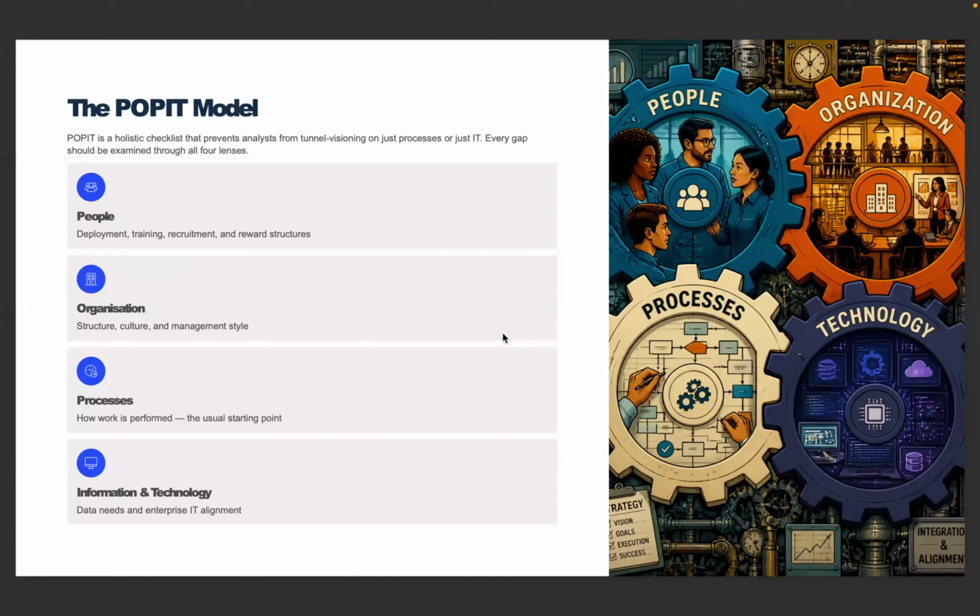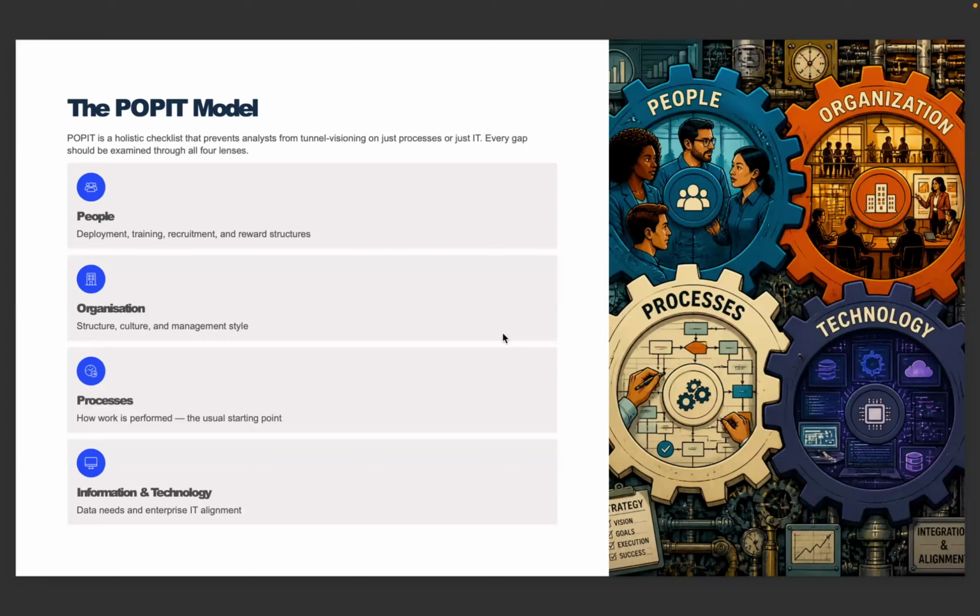Then we'll move into information and technology. And in this area, we would focus on the systems, the tools, and information. We would ask ourselves questions to know if the system being used in the organization supports the business, and if it is using the right information available.